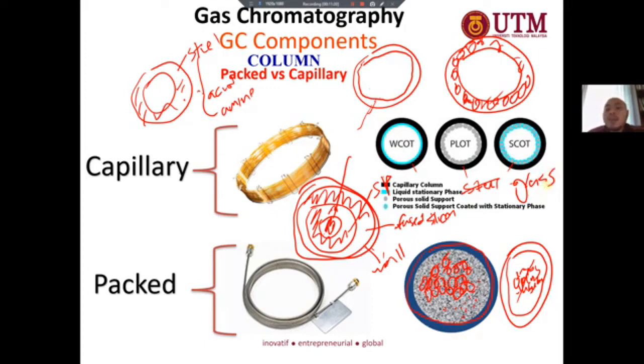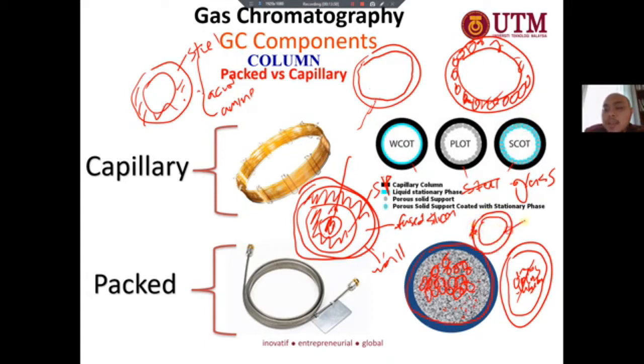After they replaced it with glass, they were able to solve the problem of the reactivity of the column. But the problem with glass is that glass is fragile. So they invented the fused silica open tubular column, where here is the wall.